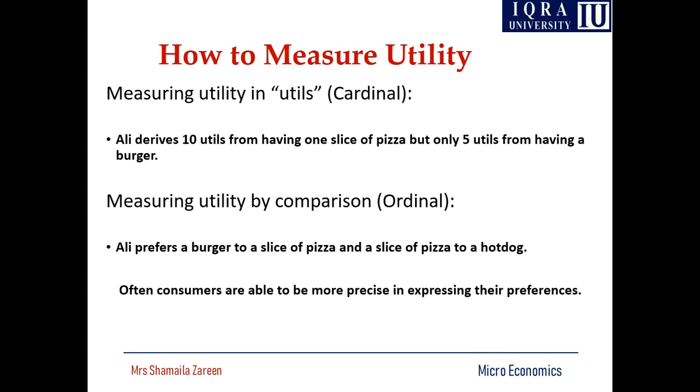So, the basic question about utility is how to measure it. There are two schools of thought about utility: number one is the cardinal approach and second is the ordinal approach.